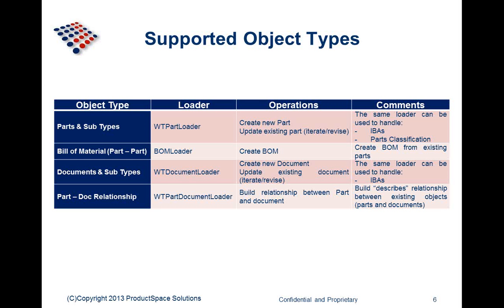As far as documents are concerned, the application can migrate documents and subtypes, and it can also handle the instance-based attributes on the documents. On the relationship side, in general, it can create describes-by relationships between parts and documents. However, we have also extended this application to build references relationships between parts and documents.